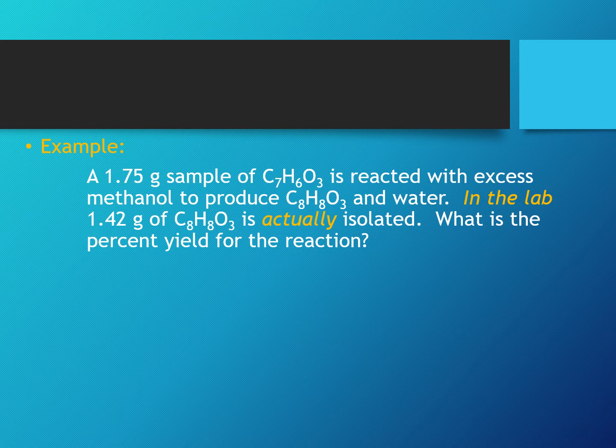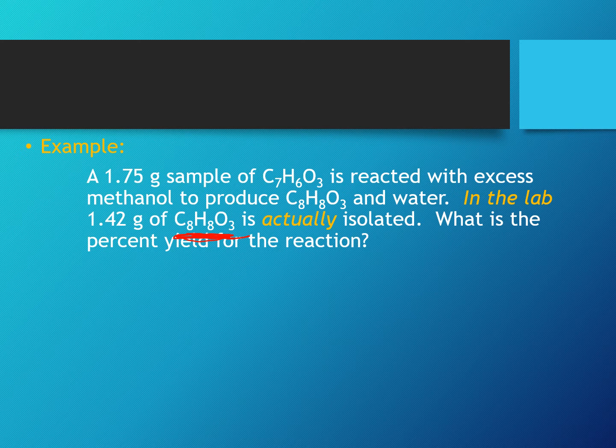Well, we need to compare apples to apples. So we have the actual yield of the C8H8O3. I need to figure out, how much should I have? For that, we're going to need to do the calculation. Now, this calculation is exactly what we were doing last week. If you need a little practice, pause, work it out, we'll go through it.